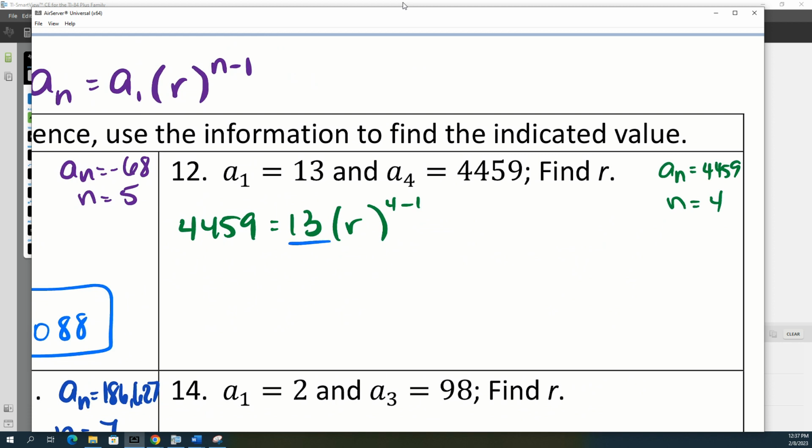All right, so first thing we'll do, divide through by that 13. And then subtract 4 minus 1, that's going to be 3.